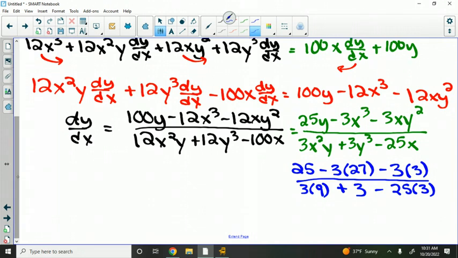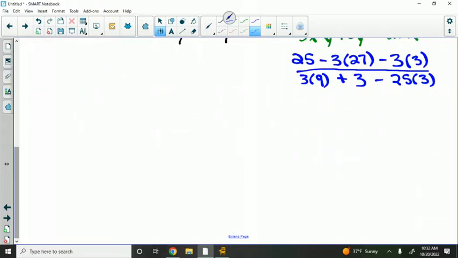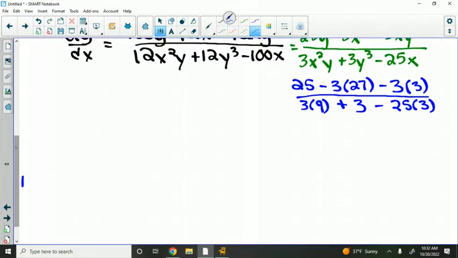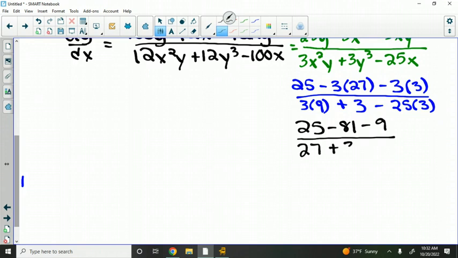Now we do want to simplify this because we're doing more with it. That's when we need to simplify more. Then if we simplify those numbers, we've got 25. What's 3 times 27? Good. Minus a 9. On the bottom, we have 27 plus 3 minus 75.